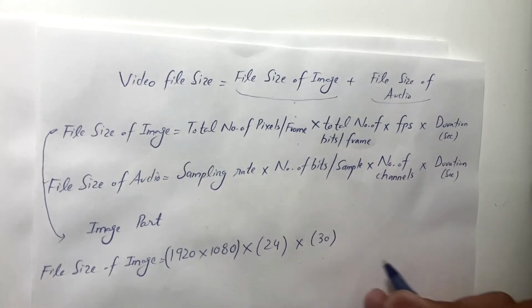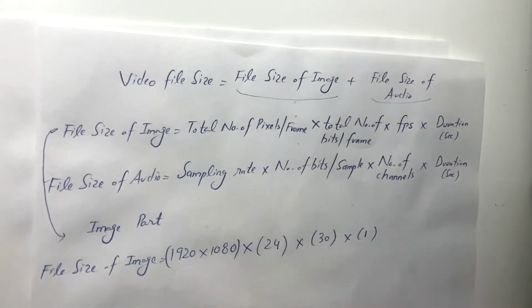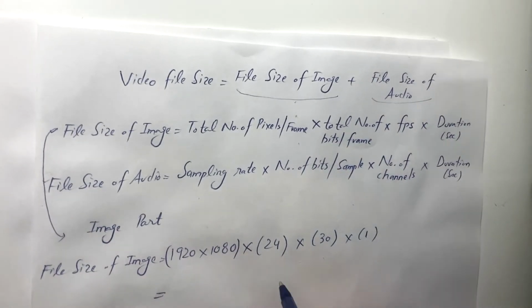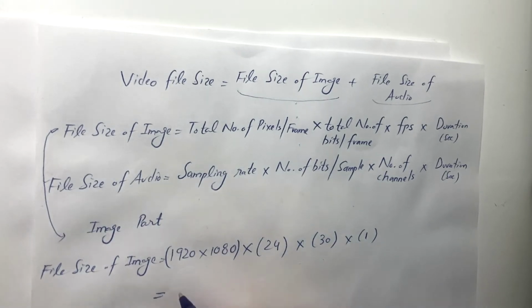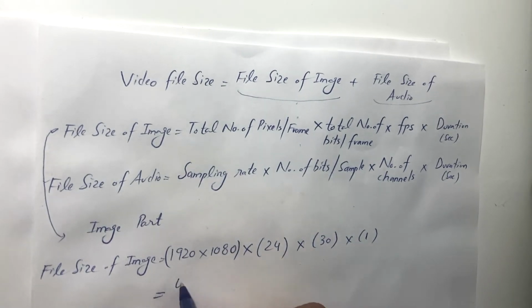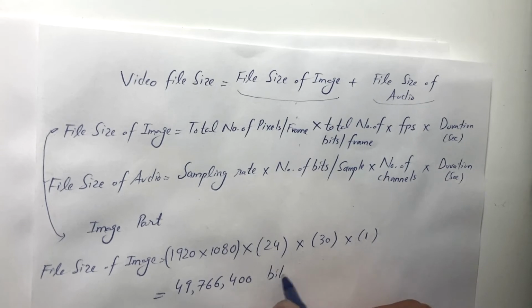The duration of the video is also given, which is 1, so it won't make any significant difference. If you solve all this, give me 1 second. It's going to be 49,766,400 bits per frame.